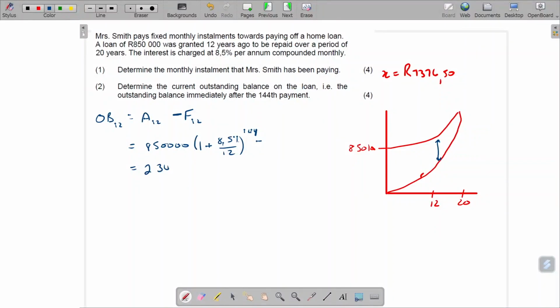So believe it or not, the value of the house that he's repaying by now would be 2,348,755.33 cents.